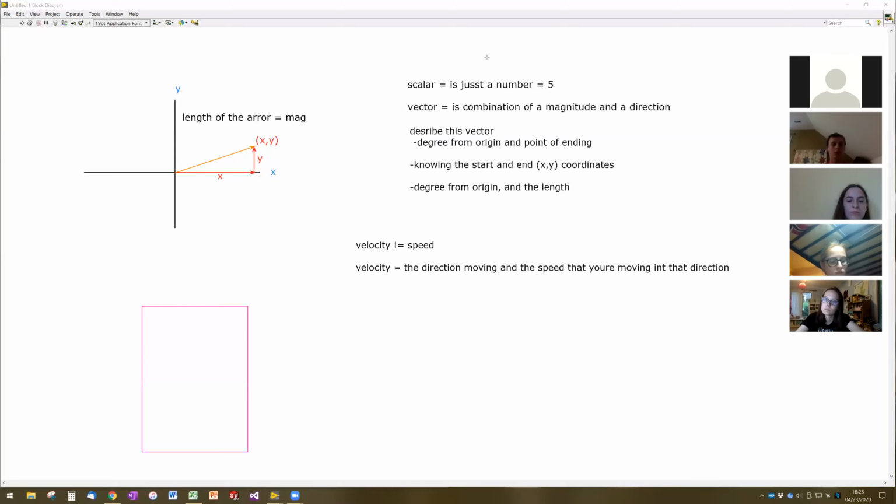Can I make them rotated? I don't know that I can make a rectangle on an angle. Here, let's try the following.